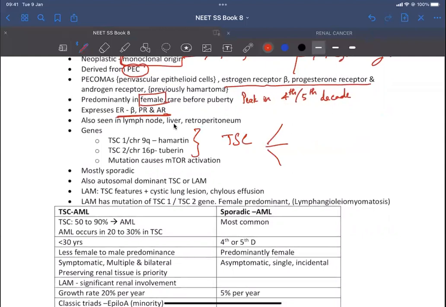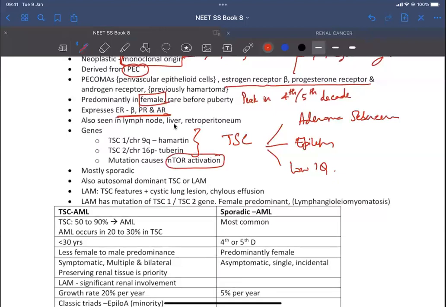Tuberous sclerosis, as you would know, adenoma sebaceum, epilepsy, and low IQ. That's the sort of triad for tuberous sclerosis. And this basically acts through mTOR.